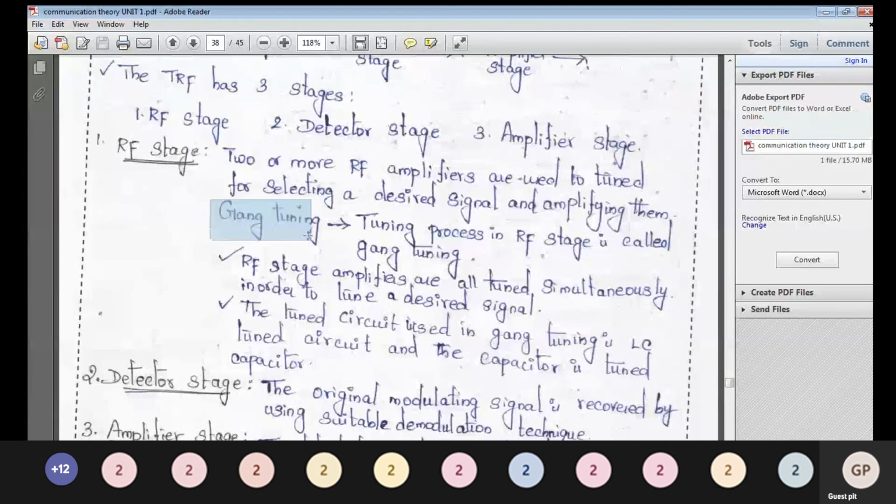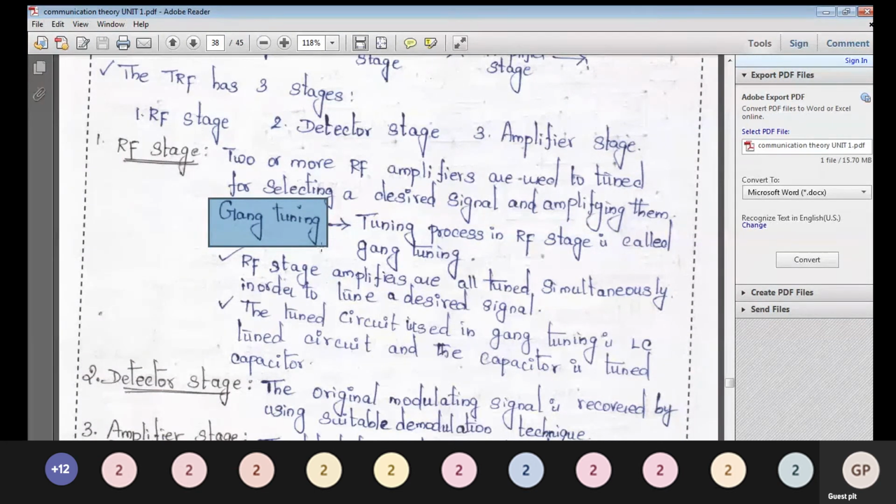So here we are using the term gang tuning. Gang tuning means if we have only one stage, no problem. If we have more than one stage, the entire gang should be tuned to the desired frequency. Then only the entire gang will select the desired frequency.